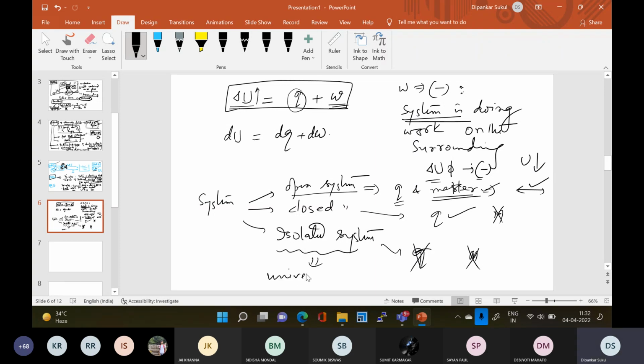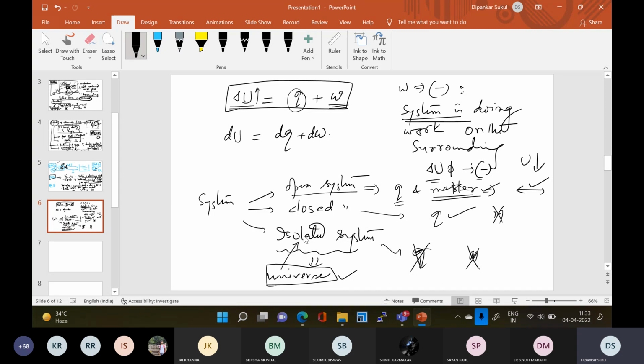As I told you, everything which can interact with your system is incorporated in your surrounding, and system plus surrounding is the universe. Hence, beyond the universe, there is nothing which can interact with your system in terms of heat or matter. As a result, the universe is regarded as an isolated system.